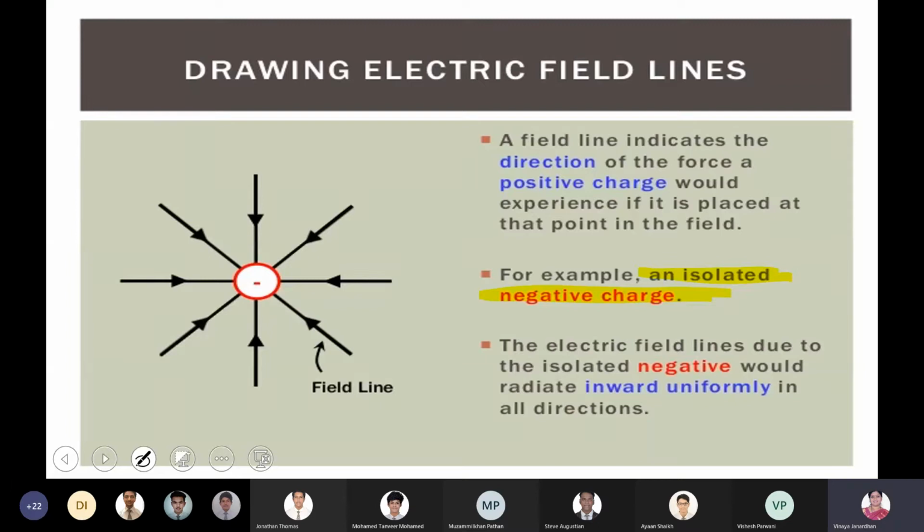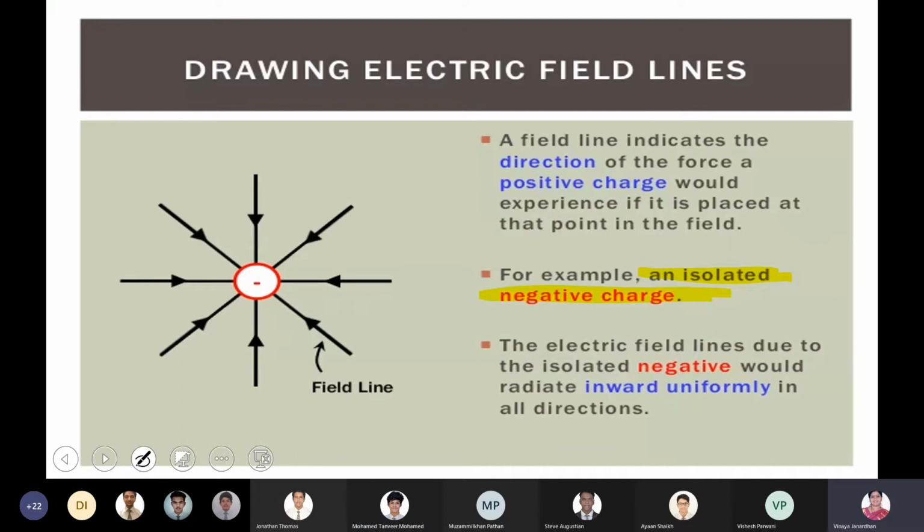Shall I go for the next one? The heading should be isolated negative charge, because you are drawing the electric field of an isolated negative charge.